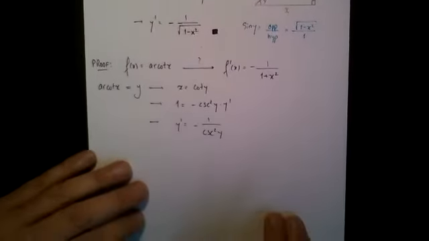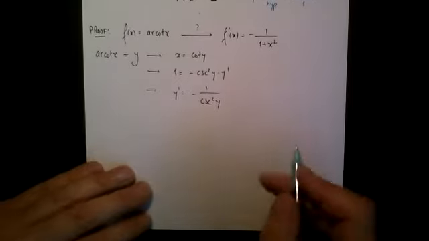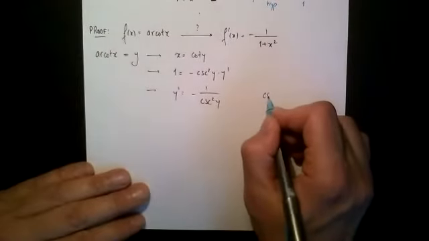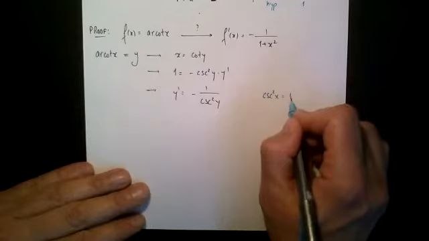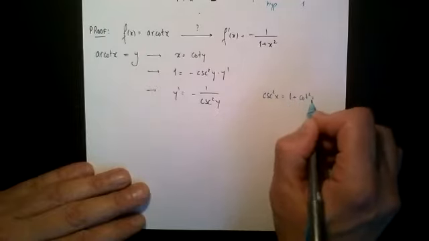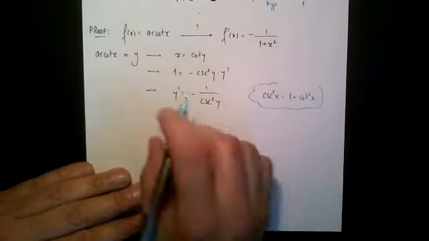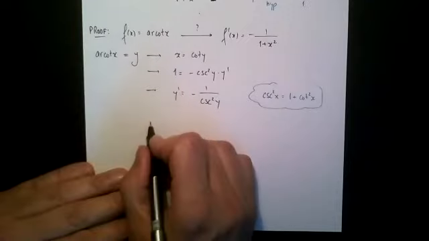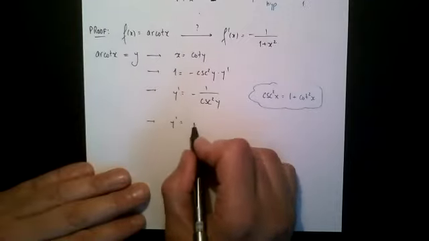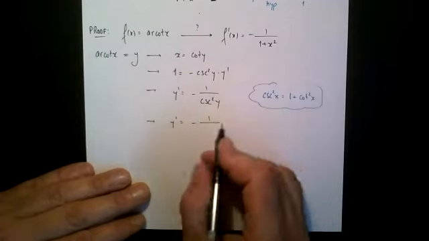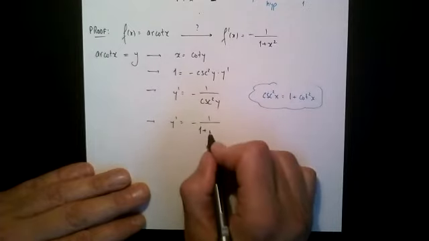So we move up here. And then we use the identity that the cosecant squared of x is 1 plus cotangent squared x. Let's use this identity here. And so y prime is negative 1 over cosecant squared, which is 1 plus cotangent squared.